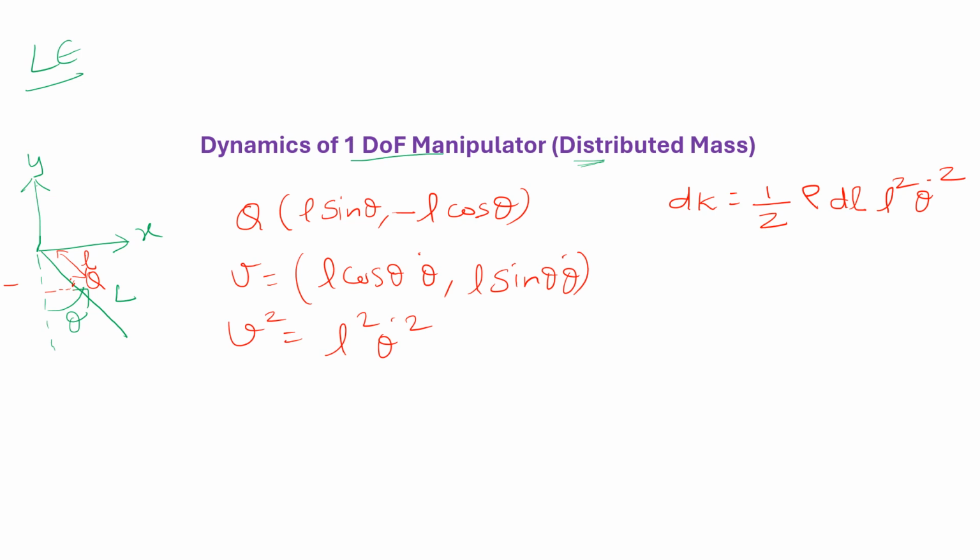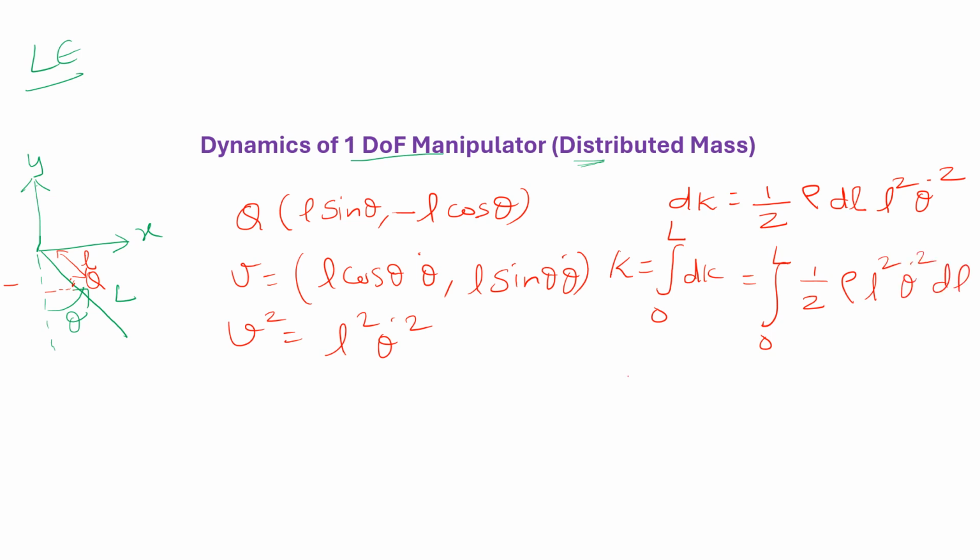Now, in order to get the kinetic energy for the entire link, we just integrate this over the length of the link. We get the kinetic energy K by integrating dk over the entire length, from 0 to L. So we get the integral from 0 to L of half rho l square theta dot square dl.